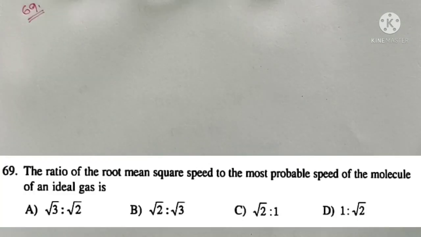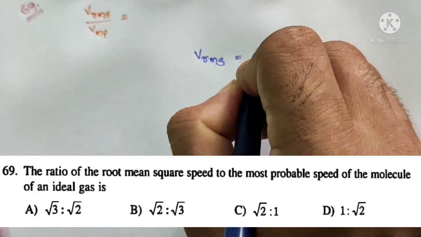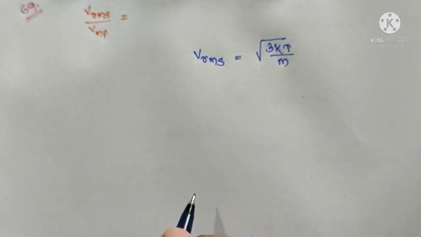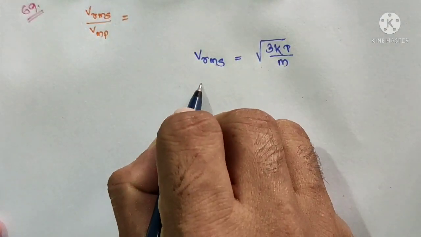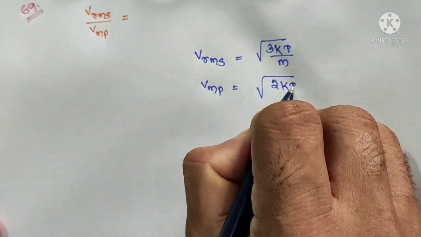Question number 69. The ratio of the root mean square speed to the most probable speed of the molecules of an ideal gas is. We know the root mean square speed V RMS is given by square root of 3kT by m, and the most probable speed is given by square root of 2kT by m.